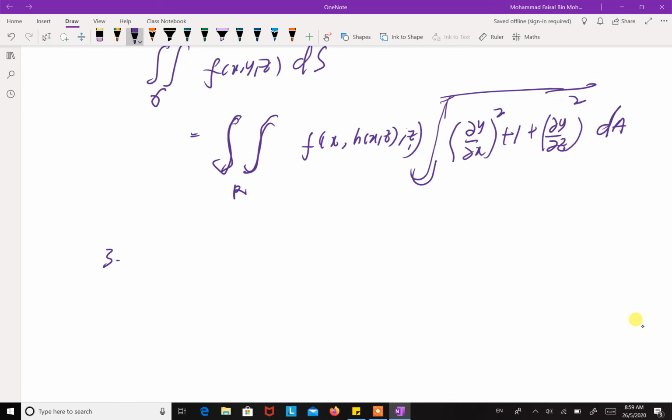Let's say your x is a function of y and z, where R is in the yz plane.